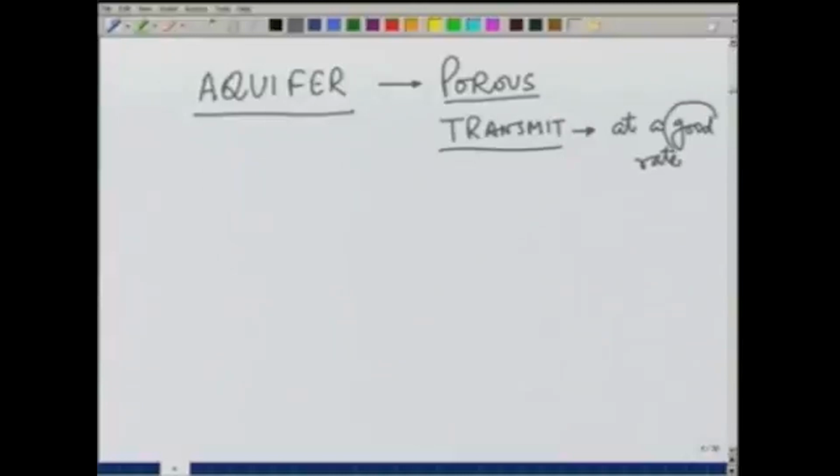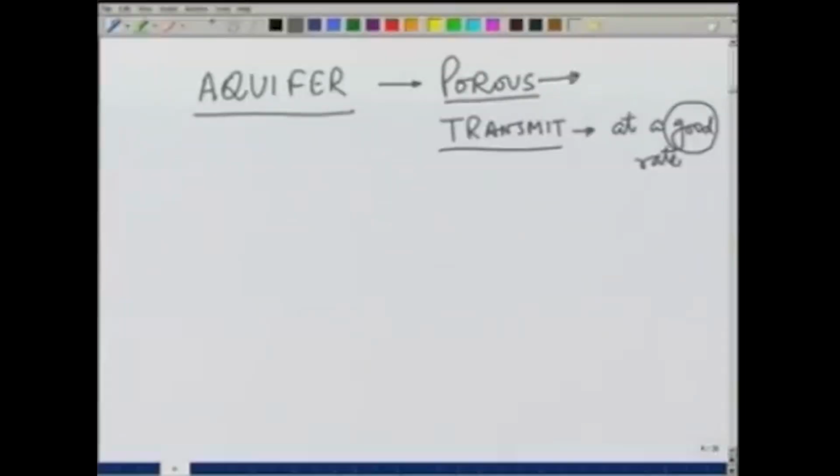Now, this good term is qualitative, it may change from place to place. Sometimes a soil formation may be yielding a good rate for our purpose in some area, but the same formation may be yielding water at the same rate, but it may not be considered good for some other purpose.